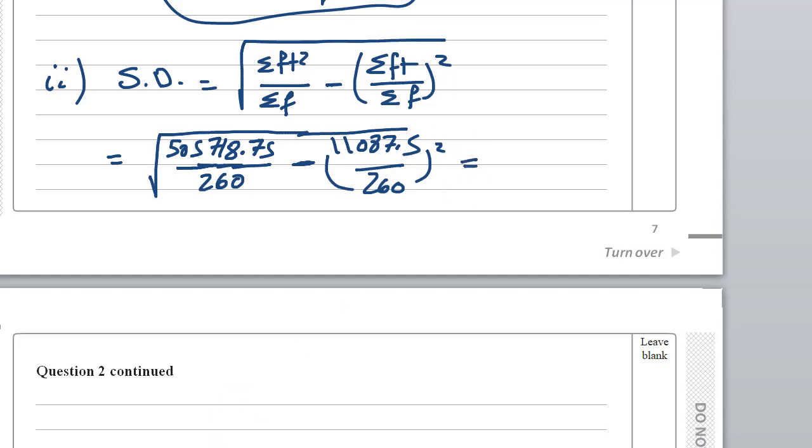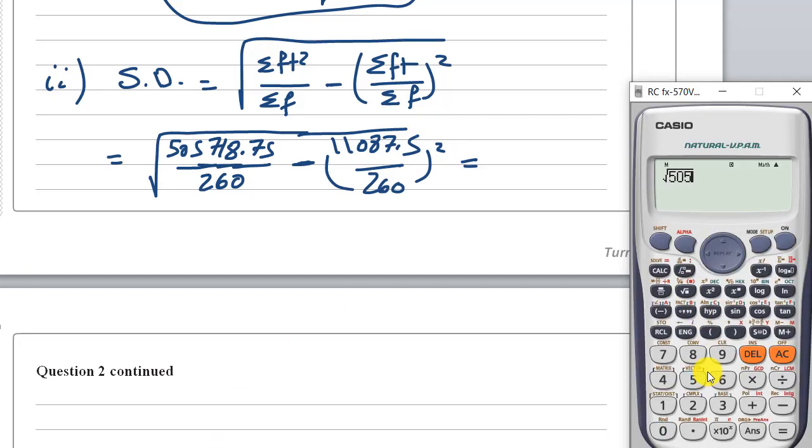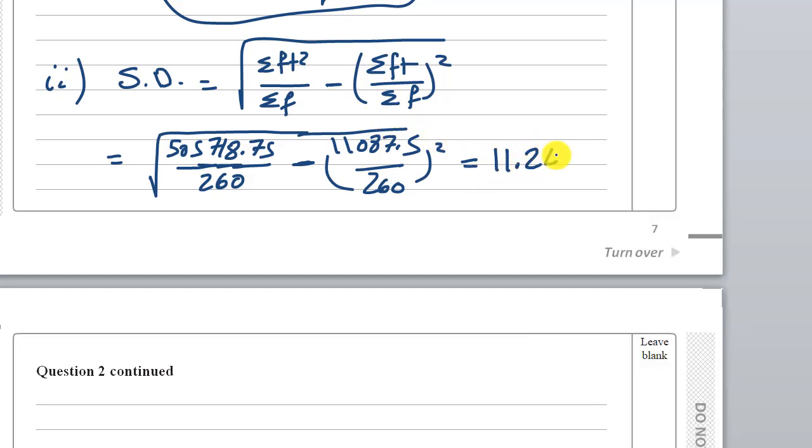So it's equal to the square root of 505,718.75 divided by 260 minus 11087.5 divided by 260 squared. So 11.249, so it's equal to 11.25.